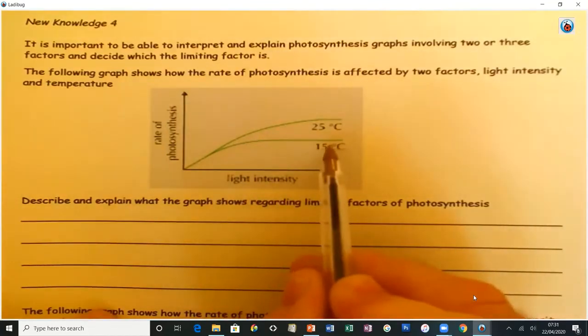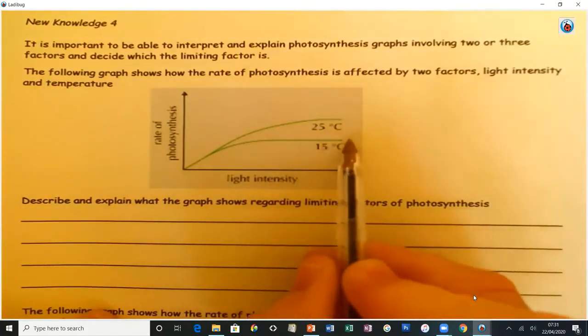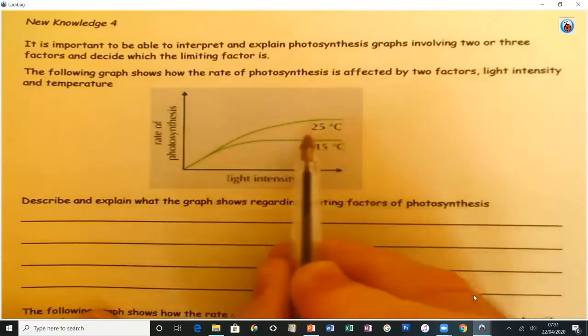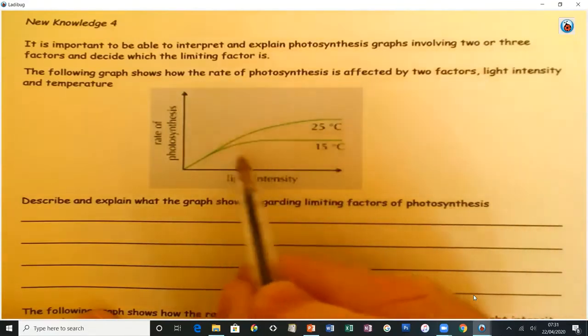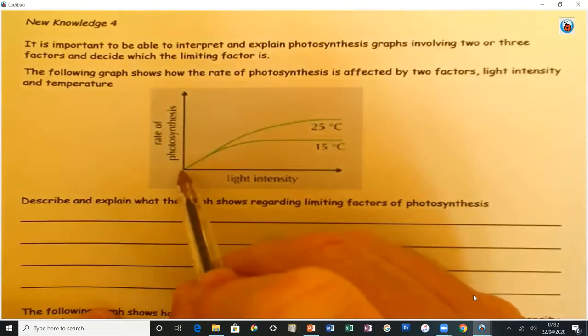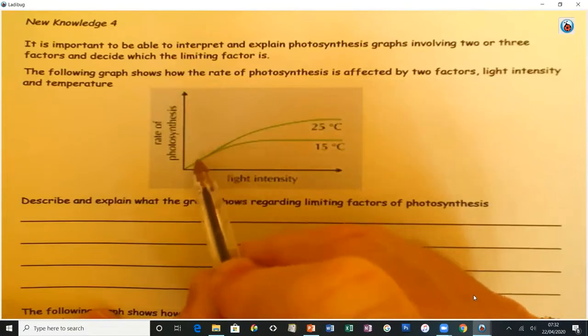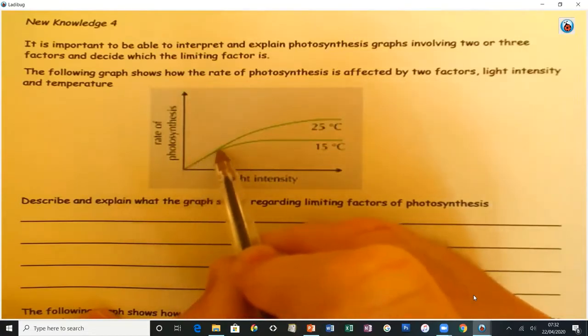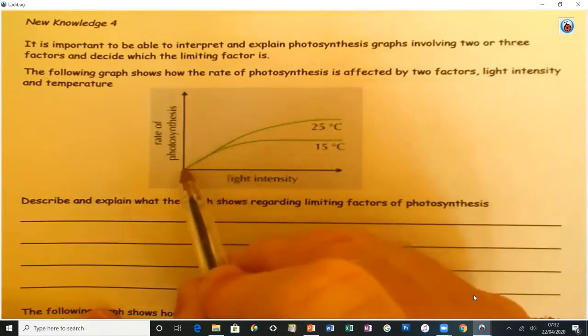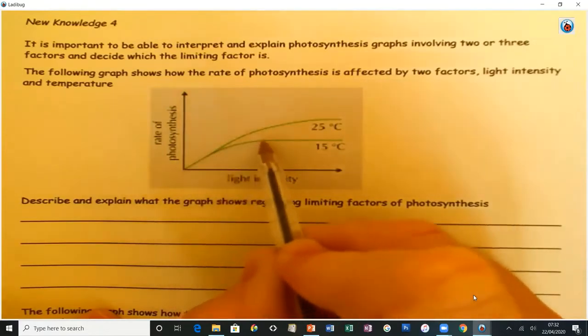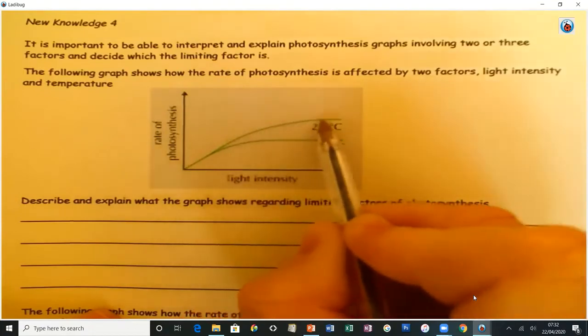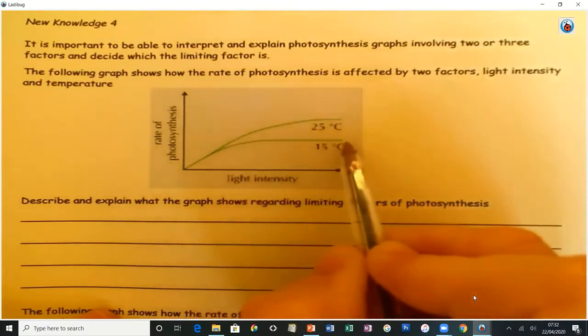Now this shows that temperature must have been a limiting factor at 15 degrees. So 2 things then. From the beginning up to this point, both lines show that as light intensity increases, the rate of photosynthesis is increasing, so light intensity is the limiting factor. But from here on, temperature is the limiting factor.